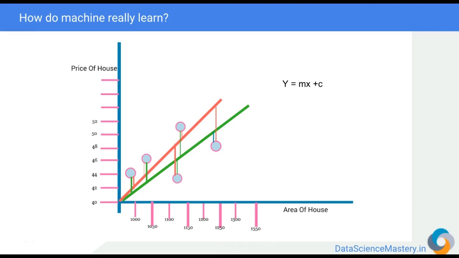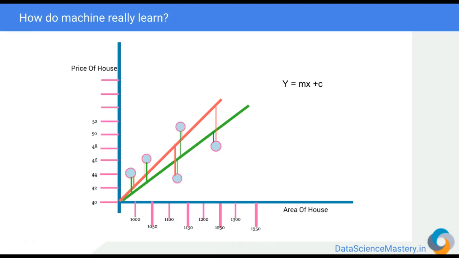You don't want the model to just fit the training data and then fail on real-life data. You could very well create one equation of a curve which passes through all these points, but that would, in machine learning terminology, be overfitting, because it has learned so much from the training data that its ability to predict is very wrong.